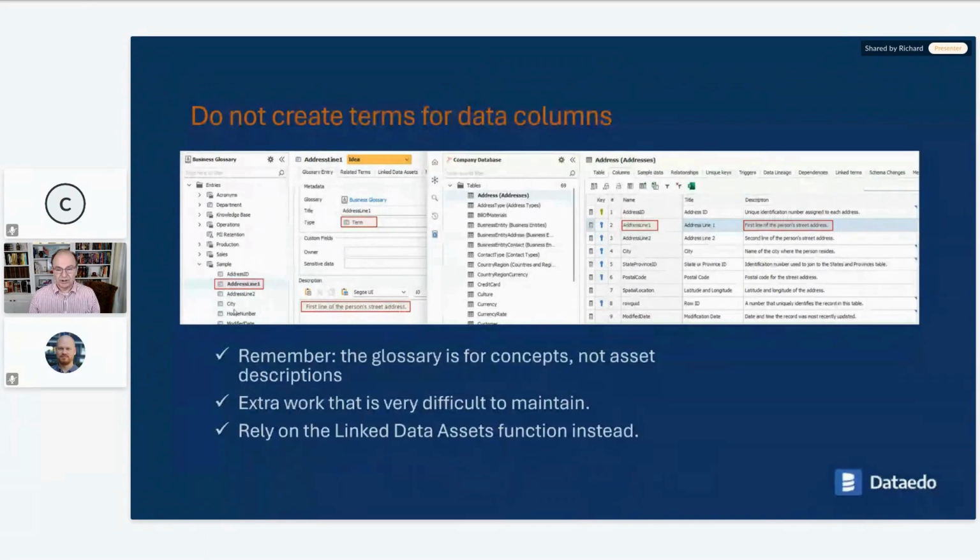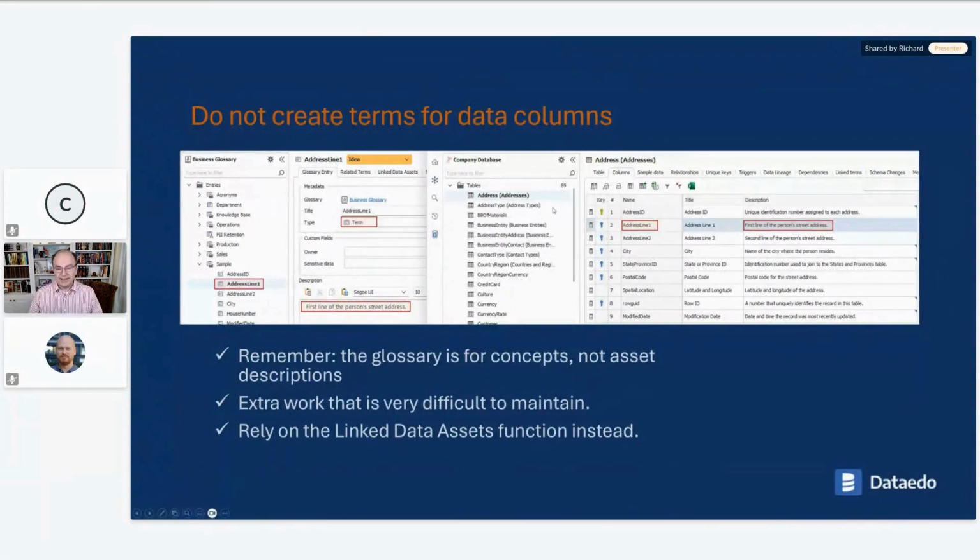A better solution is to remember these are concepts. So in this example, we could create a glossary entry for the concept of an address, give it a definition that you like, and then rely on the link data assets function, which is right there. Rely on that to link it to places in the data system where that address information is stored or used in reports.